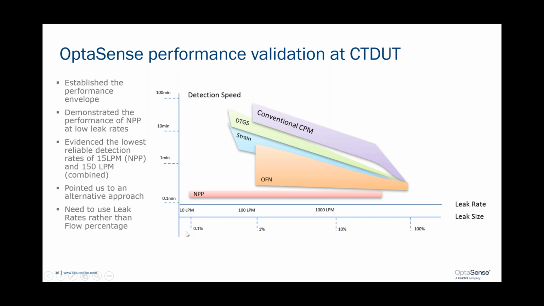In traditional internal technologies, they tend to refer to it as a percentage of flow rate. And this is because it's a statistical mechanism. You can take longer to average at the lower percentages, whereas if you're looking for a large leak, you'll operate on very short window sizes. Smaller leaks, much larger ones, but the technique limits are around 1% or so.